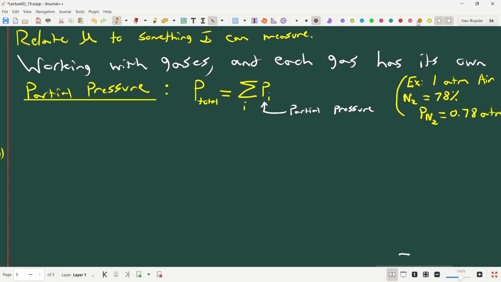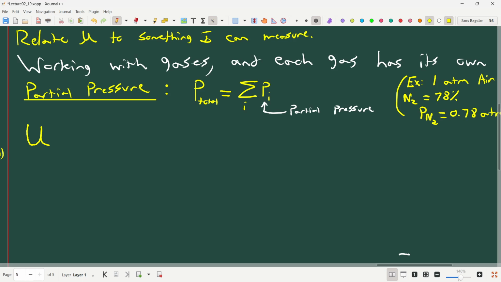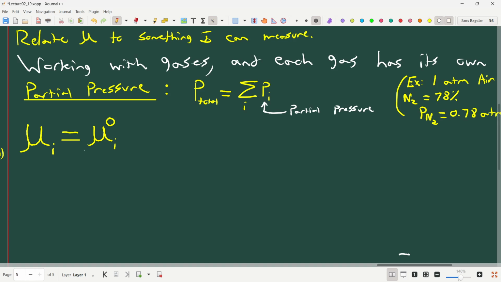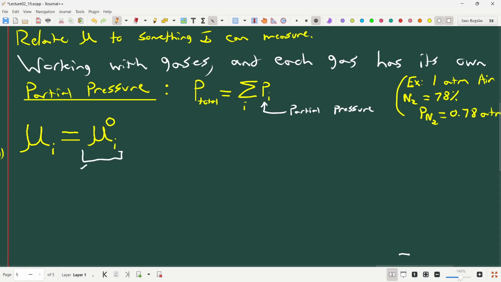And so now imagine we want to measure the chemical potential of a material at some pressure in our component. It's not necessarily going to be standard, but we can relate it to the standard chemical potential at STP.